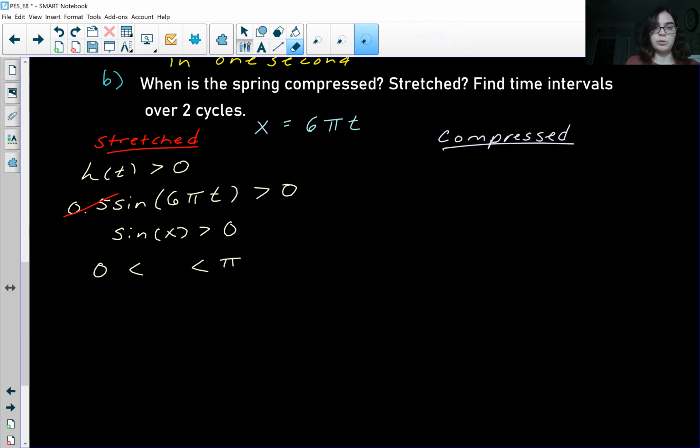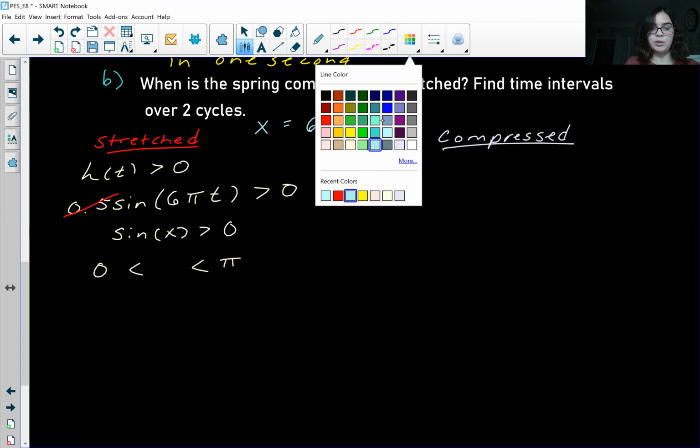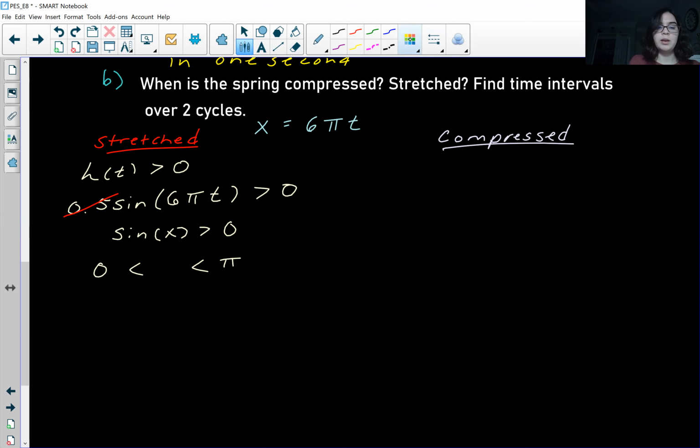So let's write in our t equation instead: 6 pi t. And then to get t by itself, we're going to divide everything by 6 pi. And so we know that t is in between 0 and 1/6.